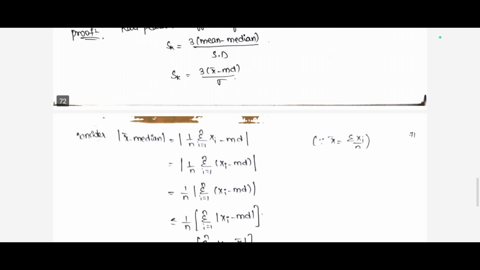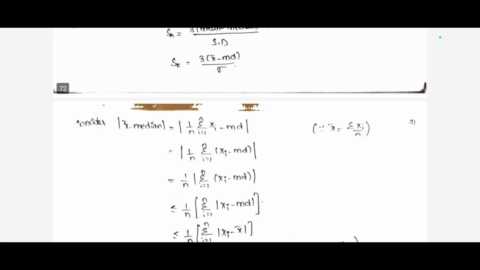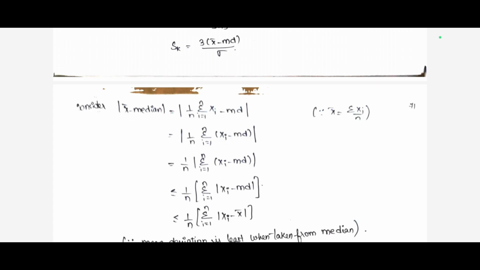Consider just mean minus median, where the x bar formula is the summation of xi divided by n, and we are taking the modulus: modulus of 1 divided by n summation xi, i running from 1 to n, of xi minus median.